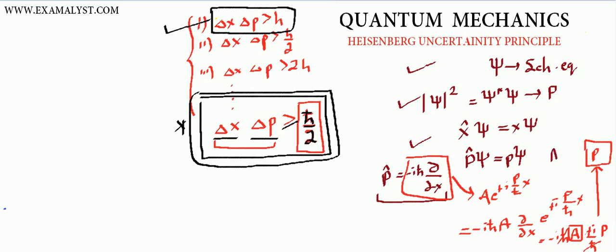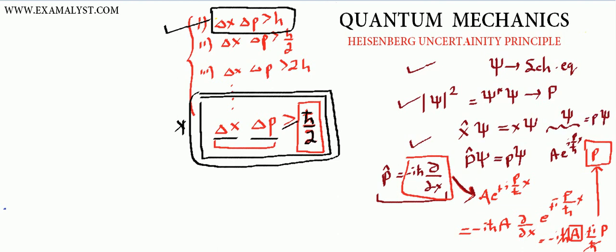You have A outside it, and you have e to the power i p by h cross x outside. So this is my initial wave function psi. When the operator p acts on the wave function psi, you get a momentum value p times psi.